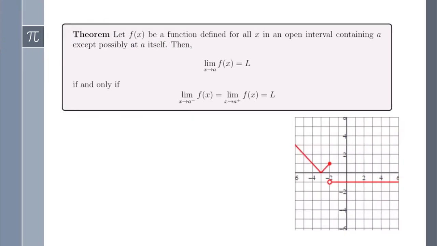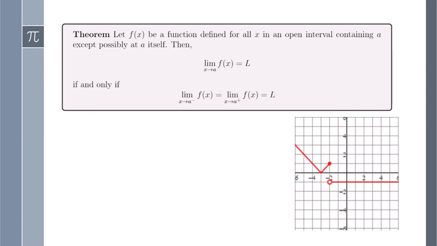Next slide. Now, for a function f of x, for the limit as x approaches a of f of x to exist, we should have the left hand limit equal the right hand limit. Then only we can say the limit exists. In other words, the function has to approach the same value from both directions.